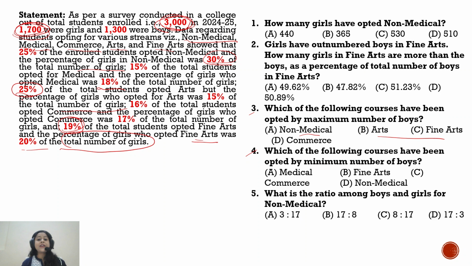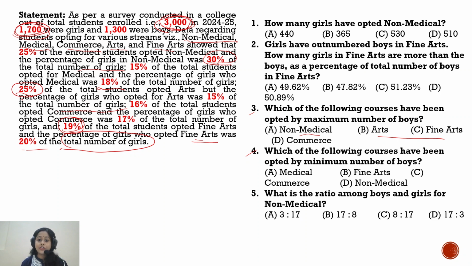What is the absolute number of boys opted for different streams, right? Otherwise, you won't be able to answer this question. And question number 5 is about ratio. Given the total number of boys and girls in non-medical, once you find out total number of boys and girls in non-medical, you have to find out the ratio.